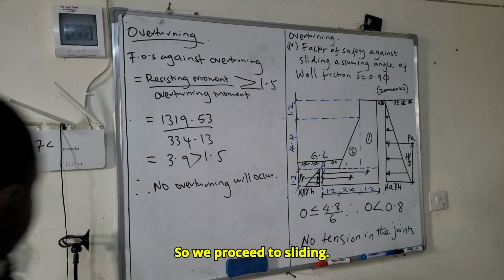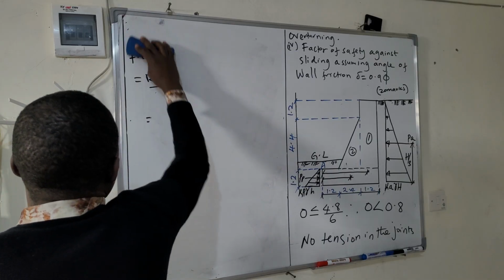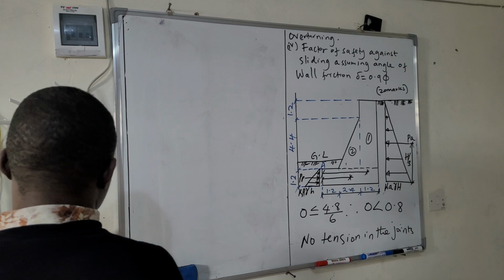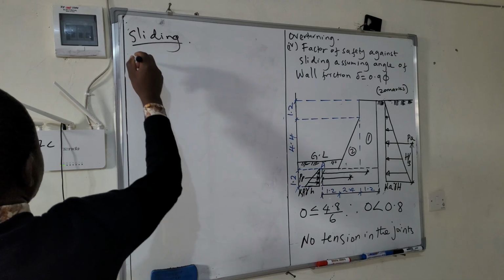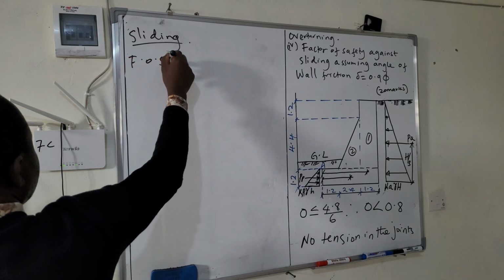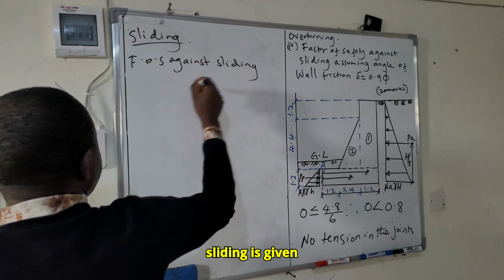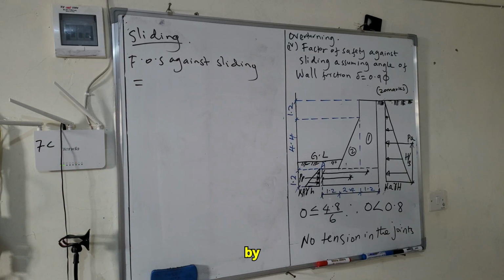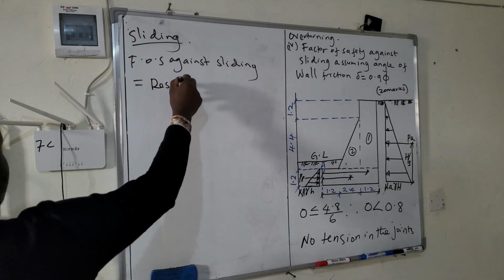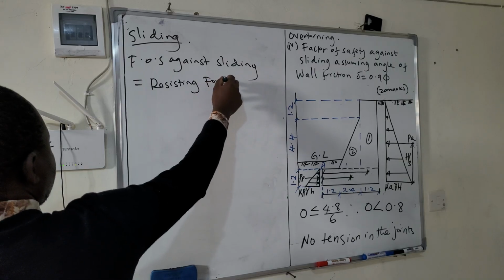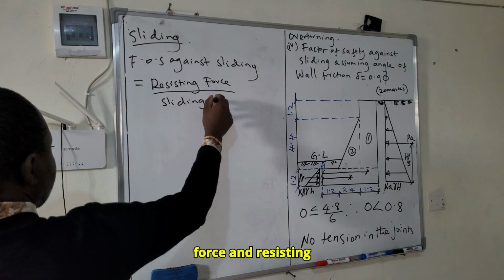So we proceed to sliding. So you know that factor of safety against sliding is given by resisting force over sliding force.